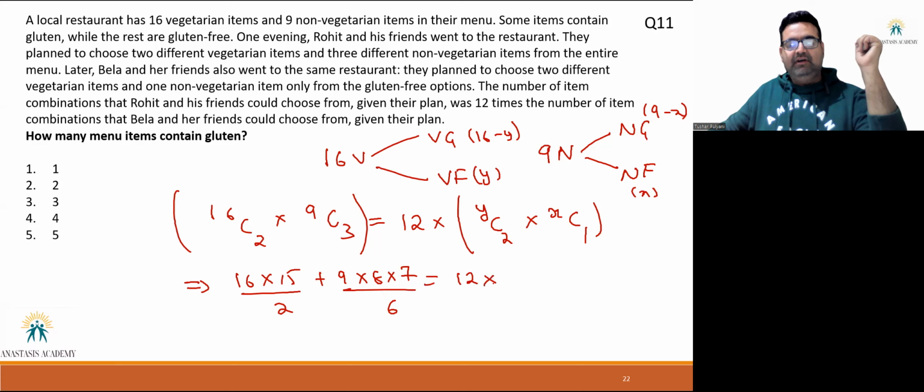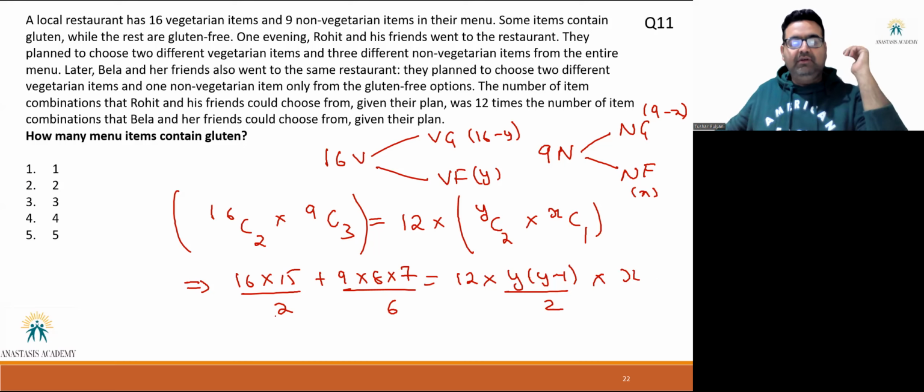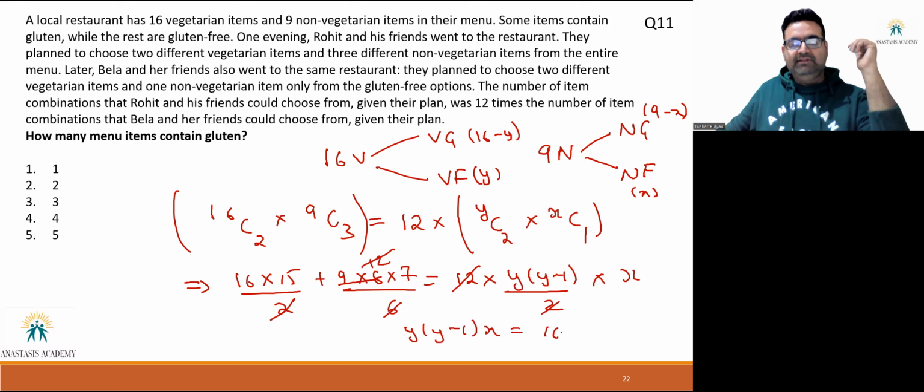Now this is 12. YC2 will be y into y minus 1 divided by 2, and XC1 is nothing but x. So now if you calculate, you cut off this 2, and this 6 into 9 into 8, 72, is 12. Then this 12 goes with this 12. So basically you are given y into y minus 1 into x is 16 into 15 into 7. Now this is very easy.